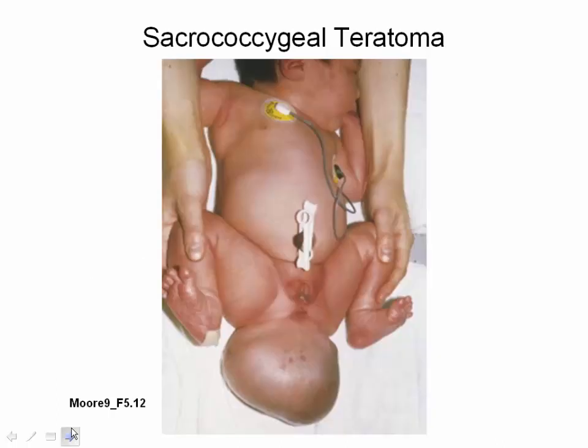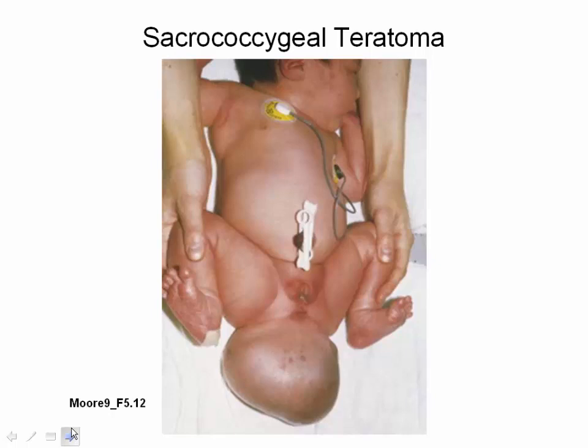Sometimes remnants of the regressing primitive streak persist. In these cases, the cluster of pluripotent cells located at the caudal-most end of the embryo continues to proliferate and form a tumor known as a sacrococcygeal teratoma. The word teratoma in general is a term used to describe tumors composed of tissues derived from more than one germ layer.